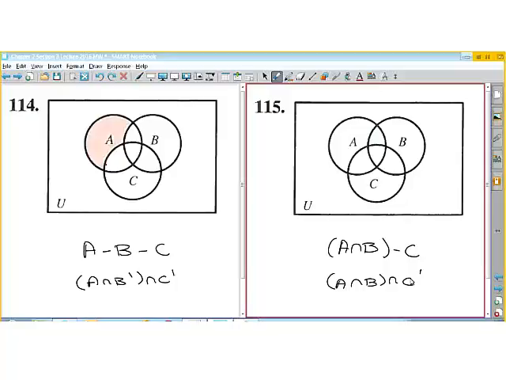Anyway, this part would be A intersect C minus B. This would be B intersect C minus A. All of them have the same kind of setup. It just depends upon which ones define the intersection.